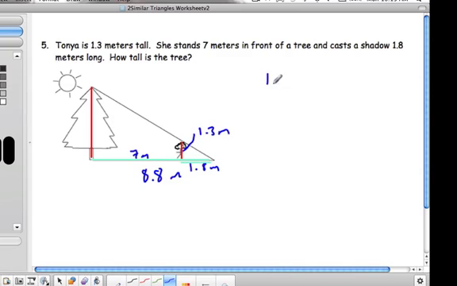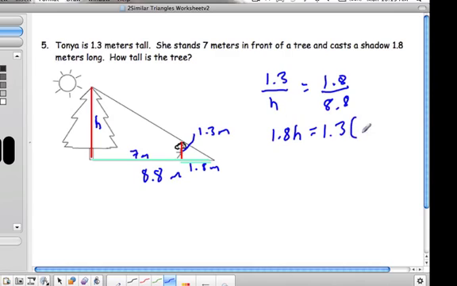So we can write 1.3 to, and this is the height of the tree, so we can say that's h, is equal to 1.8 over 8.8. We cross multiply. 1.8h is equal to 1.3 times 8.8. We then divide both sides by 1.8. And we get h is equal to, pull up our calculator.